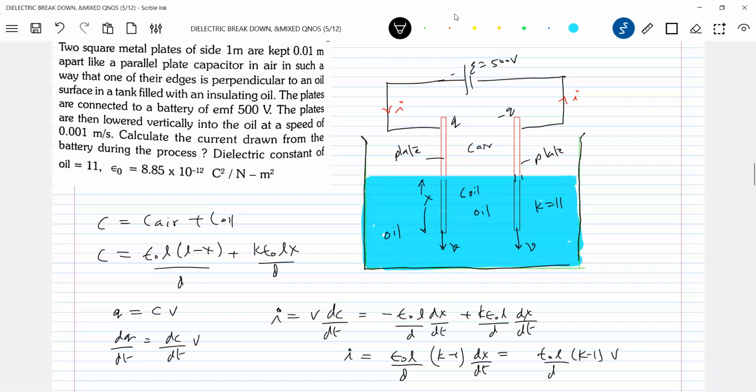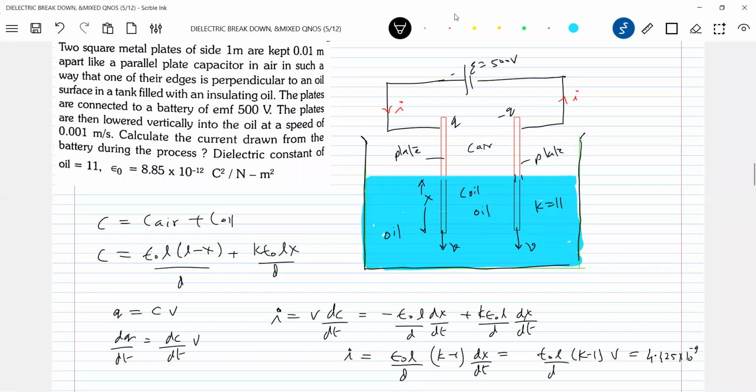So different types of questions can be asked here. So you have to be very careful about this one. I think the given answer is 4.425 nanoampere. Sir, what will be L, sir?